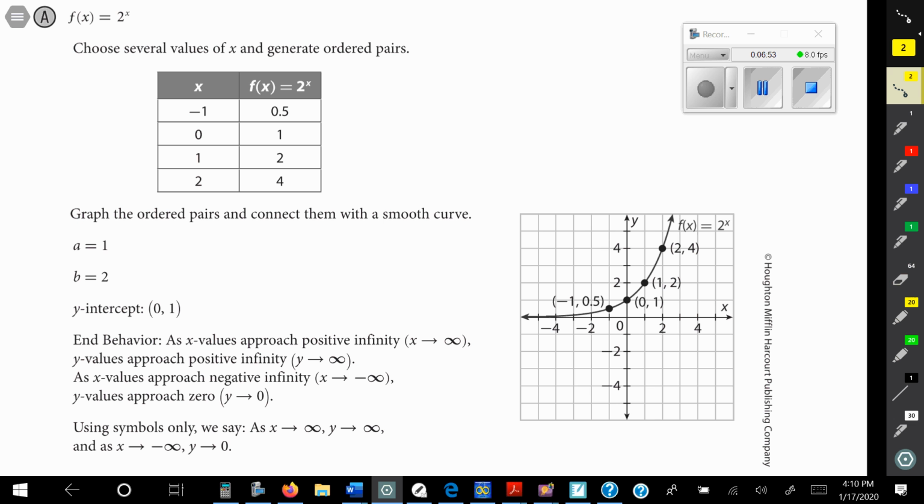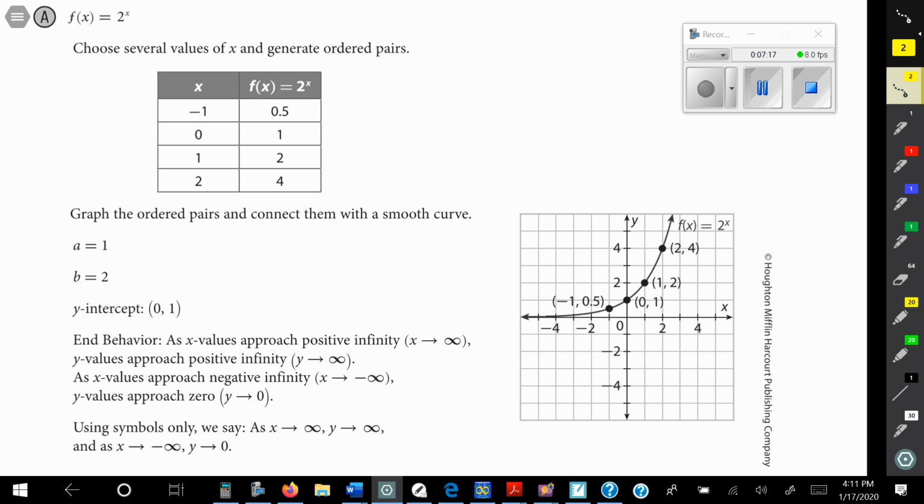Okay, so this is what you do. You type in some numbers here, and you usually use these numbers: -1, 0, 1, and 2. You plug those into your function and get your y, same thing we did in previous videos. Then you plot out your points like so, draw your graph, and then tell me what the end behavior is.